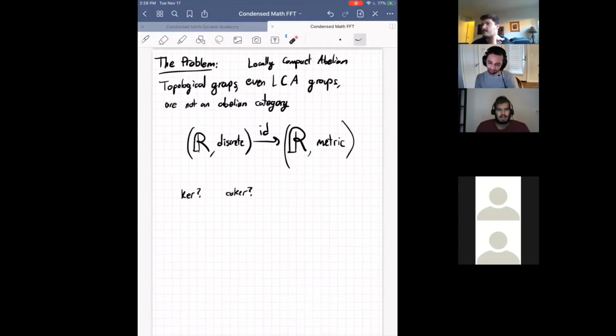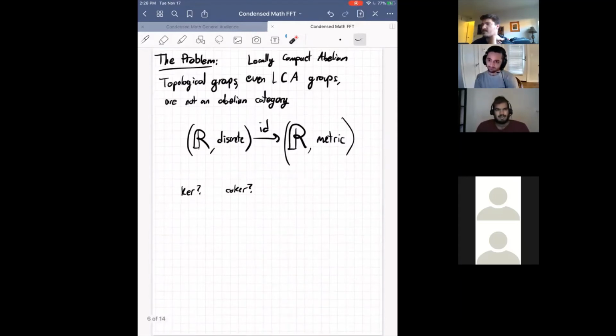So I have a question. Why would kernels be tough? So what is the kernel of this map? Well, what gets sent to the identity of R. If R is with addition, then it would just be the set 0. Okay, sure.